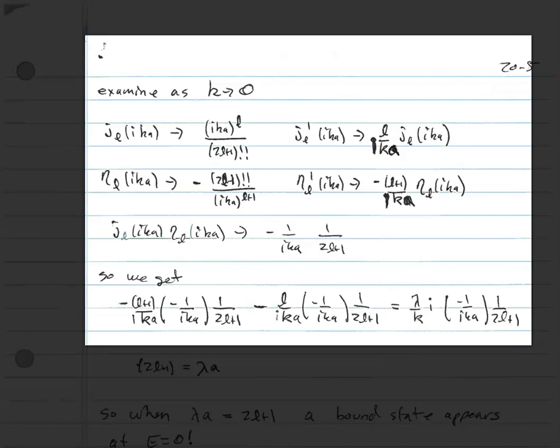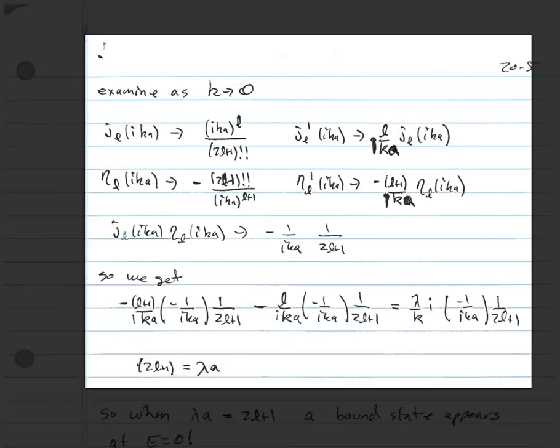We can then multiply both sides by iκa, and we're actually going to multiply by a minus iκa. And what we find on the left-hand side is we're left with l plus 1 plus l, which is 2l plus 1. And on the right-hand side, we're left with λ over κ times κa, which is just λ times a. So you see what we get is 2l plus 1 is equal to λa.